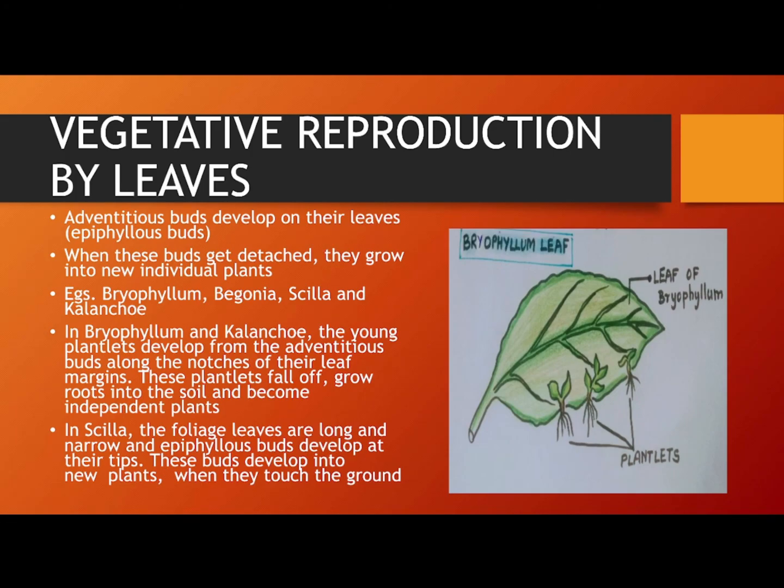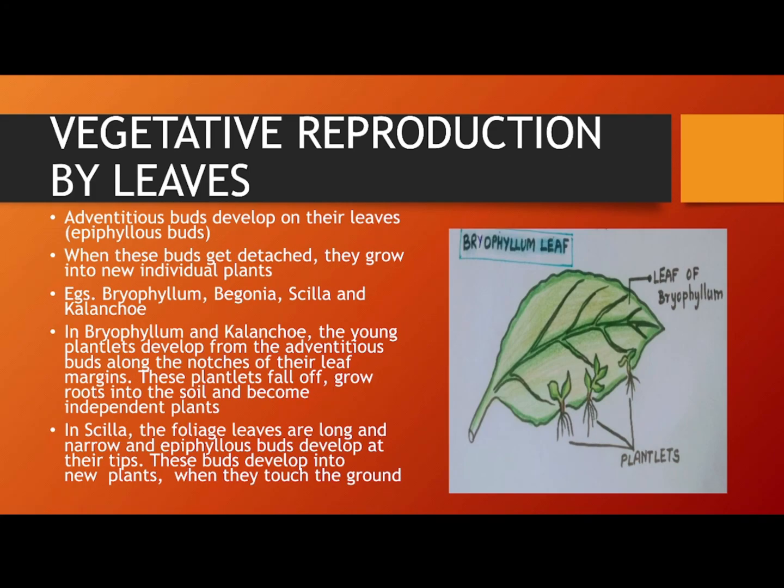In Bryophyllum and Kalanchoe, the young plantlets develop from the adventitious buds along the notches of their leaf margin. So you can see, along the leaf margin, a number of plantlets. Initially buds will be formed, later these buds develop into plantlets.